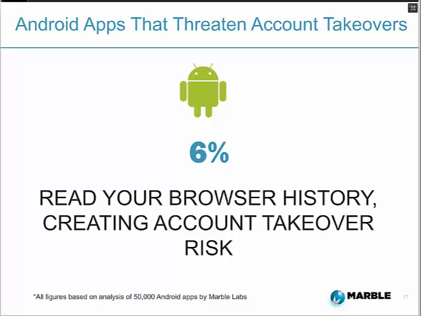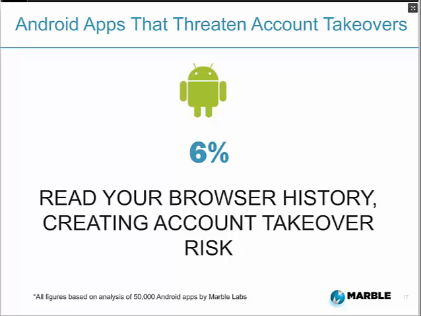Another question, is there a way to tell what an app is doing if it's sending your contacts info somewhere? Yes, there is, and that's one of the things I'll show you a little bit later. One of the things Marble is doing is analyzing apps both statically and dynamically, finding out what they do and where they send the data.